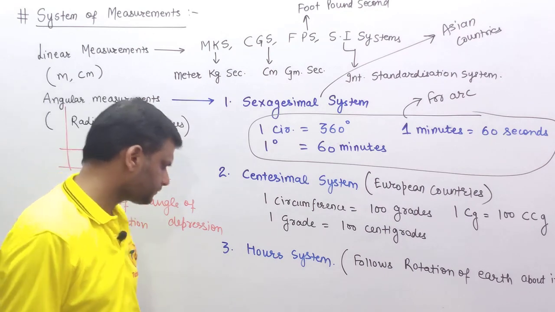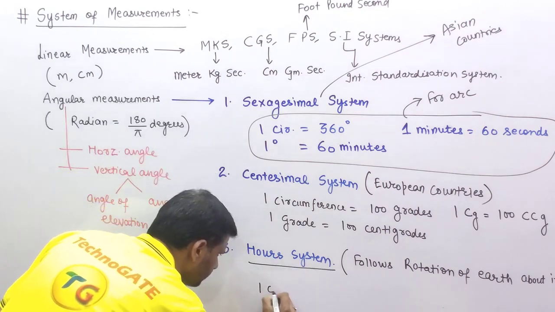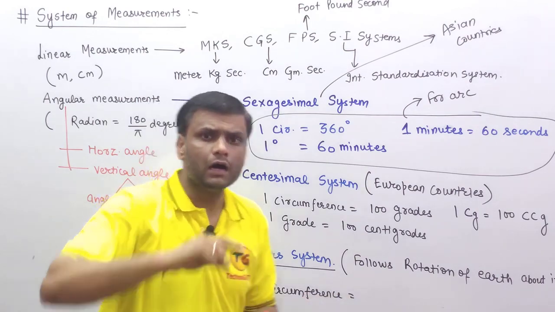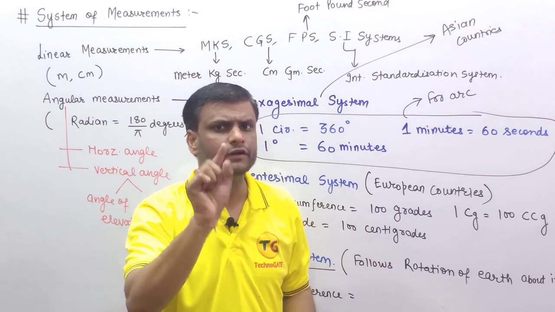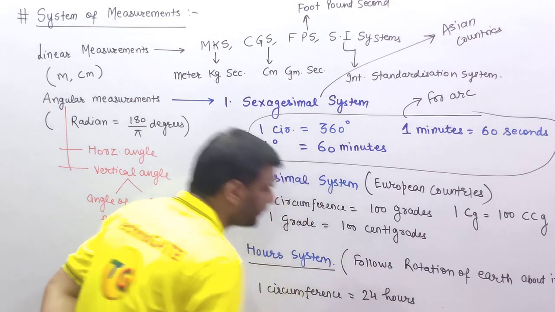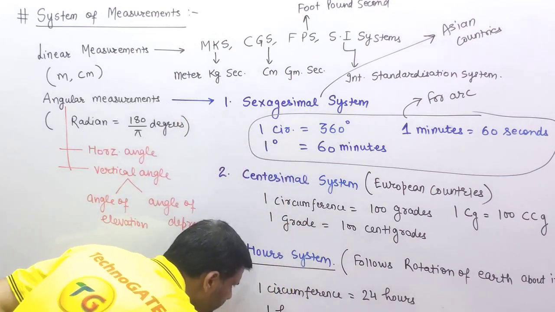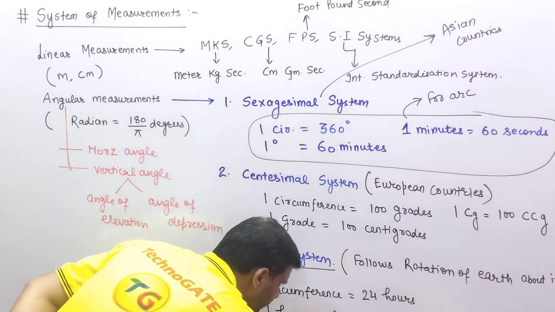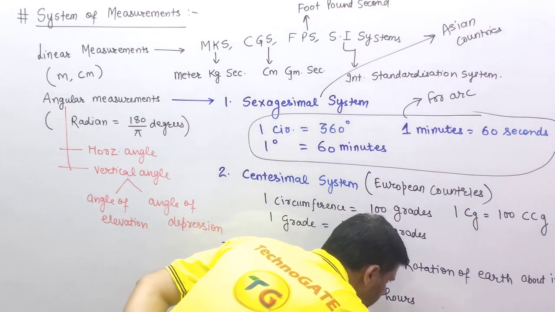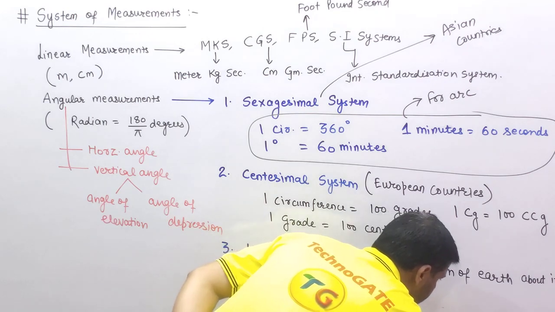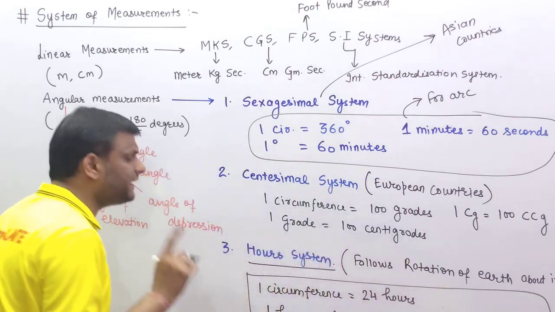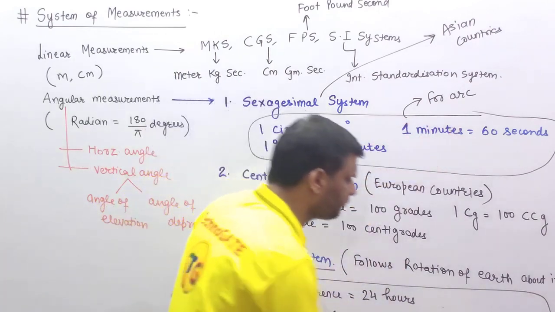According to this system, one circumference, likewise, Earth completes its one revolution in 24 hours. So, one circumference equals 24 hours. 1 hour equals 60 minutes, and 1 minute equals 60 seconds. But, my dear students, these units are applicable not for arc, but for time.